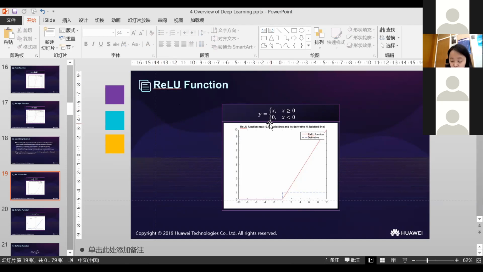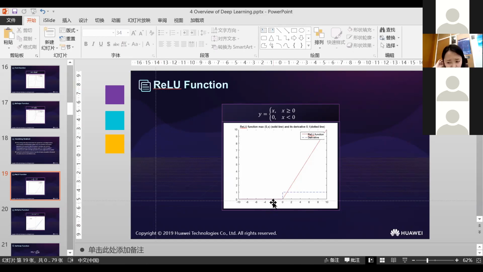For computer vision tasks, the image is very large, especially high resolution images, so it contains a lot of pixels. So we prefer to choose a very simple activation function. So first, we will try the ReLU function.